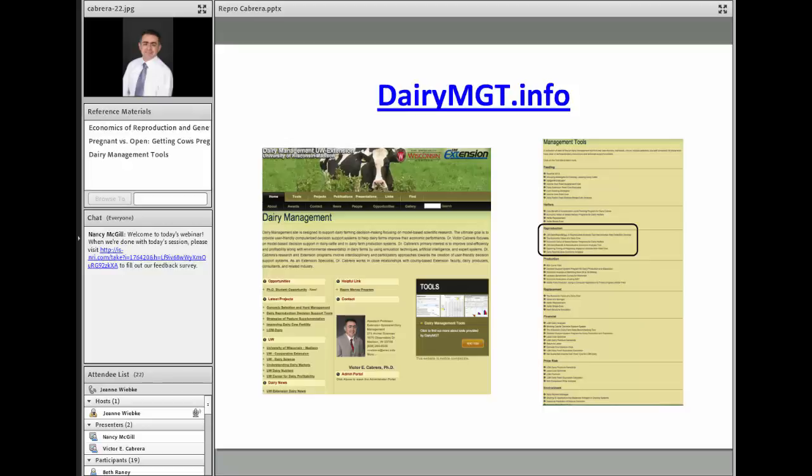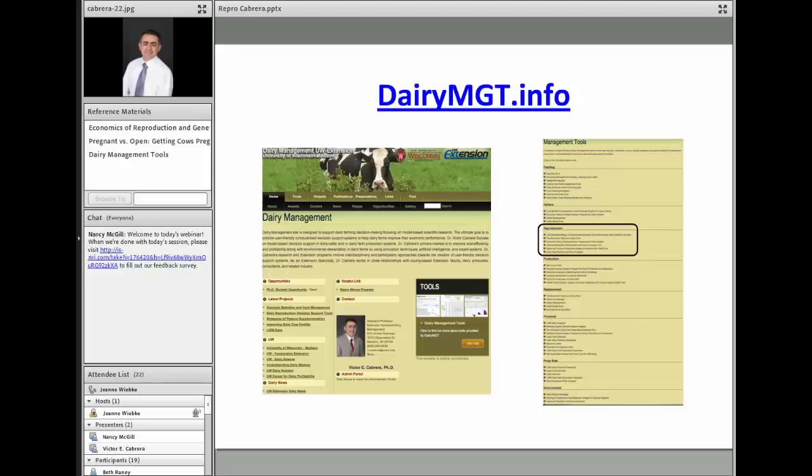And inside this web page, besides other information, there is one section that's called Tools, Management Tools. And there are subsections within the Management Tools, and one of those subsections is called Reproduction, where you are going to find all these tools we're going to discuss today.